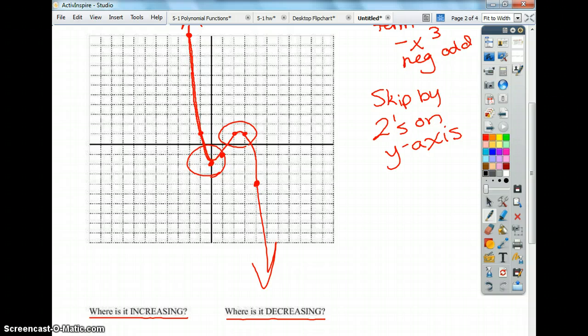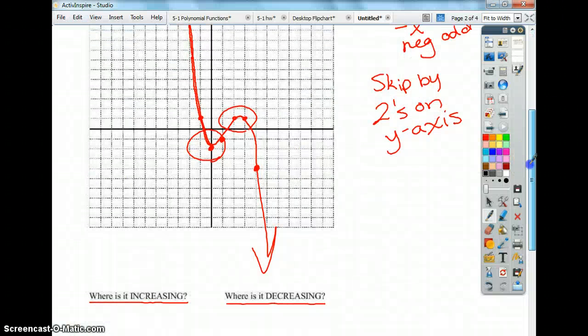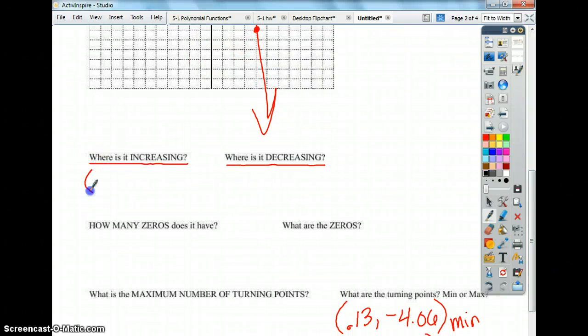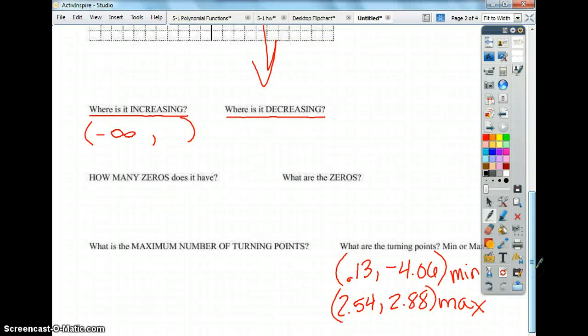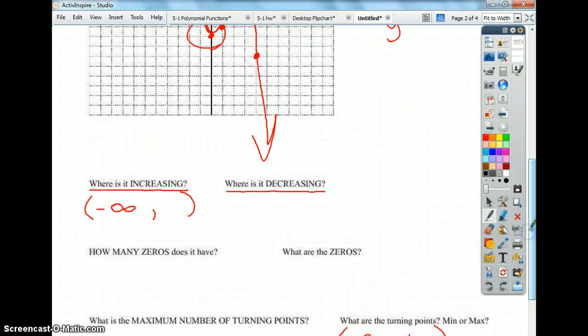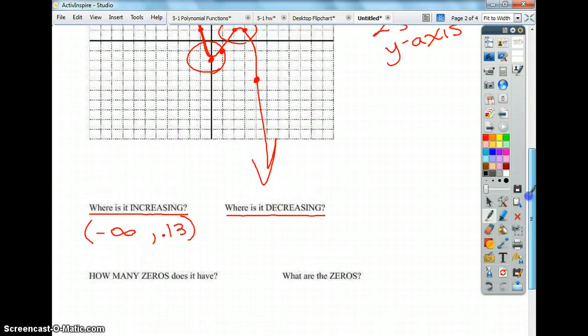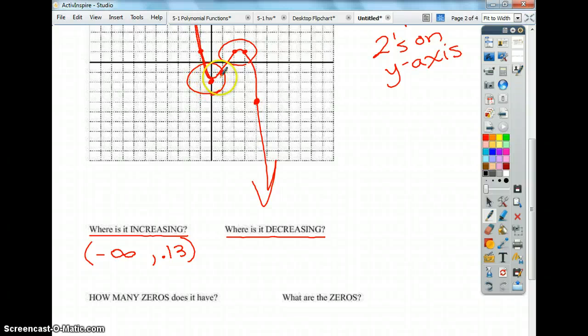So we know that from negative infinity until that spot, it's decreasing. Now you might say, well, what's that spot? That spot comes from your minimum of 0.13. So it's decreasing, decreasing, decreasing until it gets here.